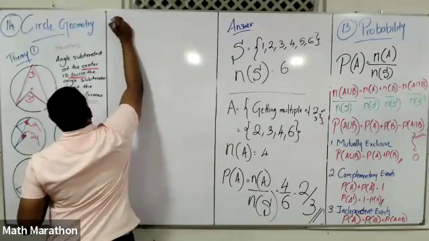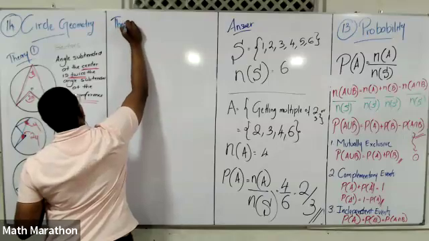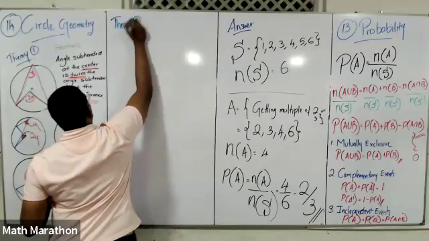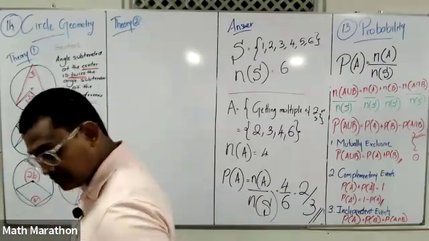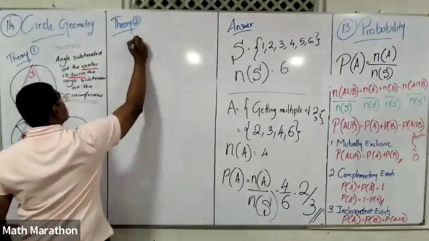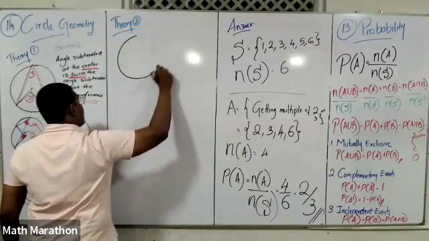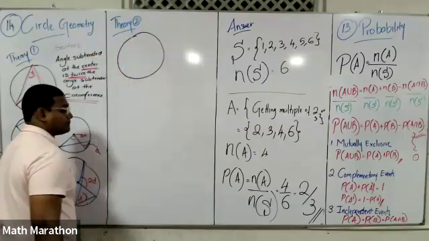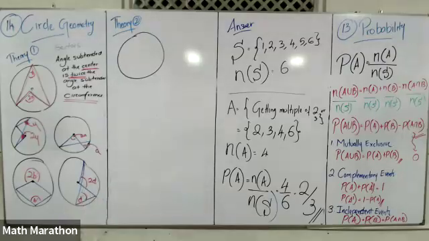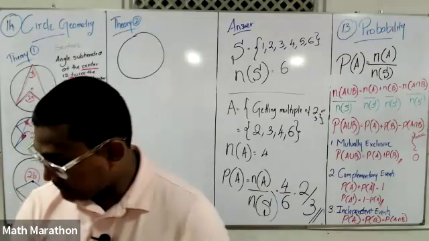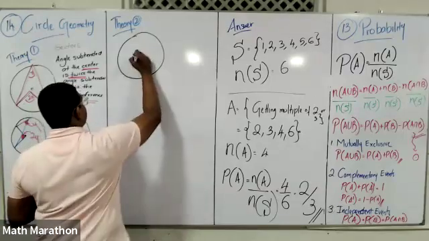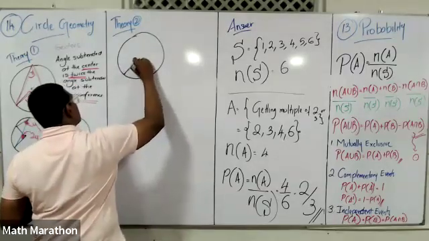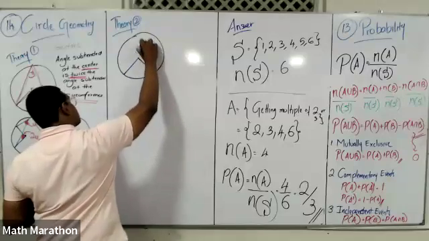The next one. Theory number 2. It is a derivation of theory number 1. Okay? So what we do is, let this be the center. We have something like this.